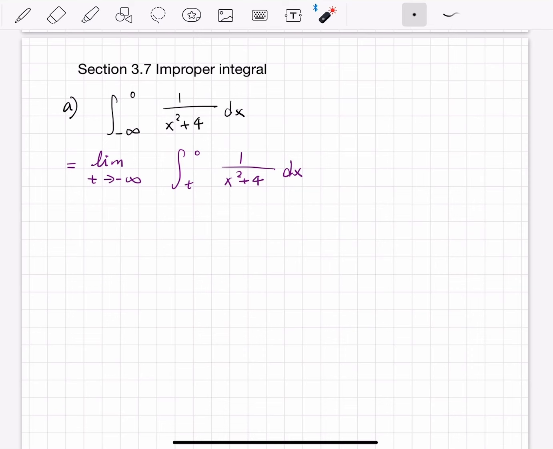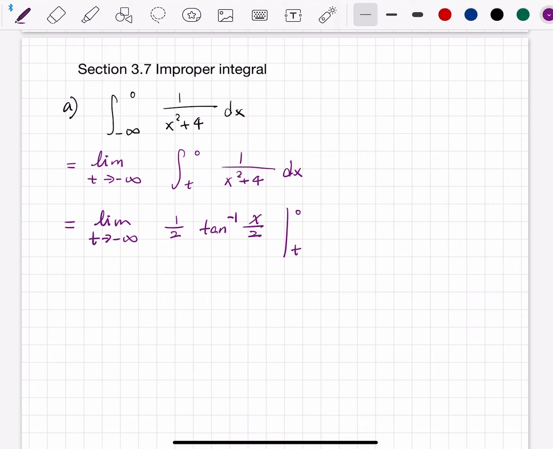For the antiderivative of 1 over x squared plus 4, we can use the rules: this is going to be a tangent inverse. Using the formula, this is 1/2 tangent inverse, or arctangent, of x over 2, and then we need to evaluate it from t to 0.